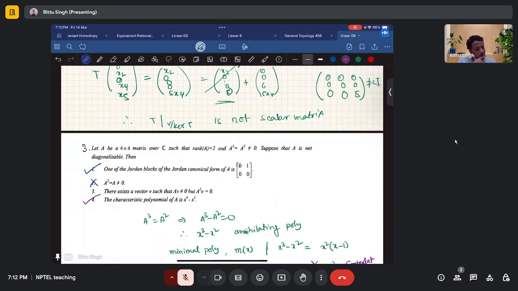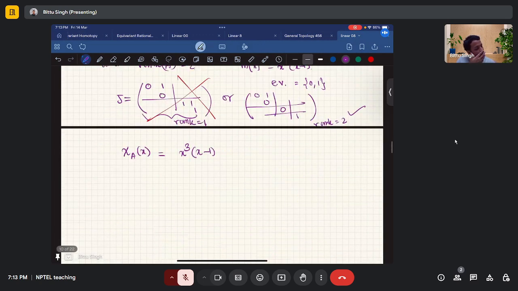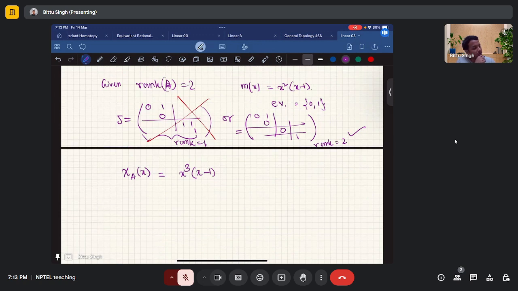Now we need to see if there exists some vector for which Av is non-zero but A squared v equals 0. If we look at this J, there exists such a vector: take v equal to 0 1 0 0.